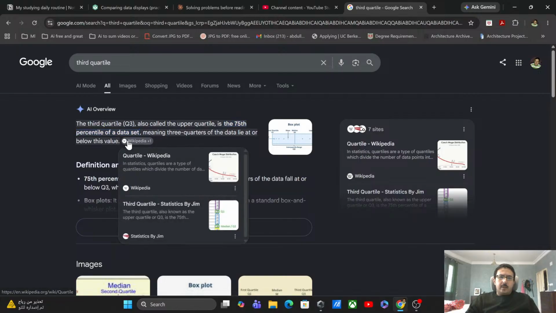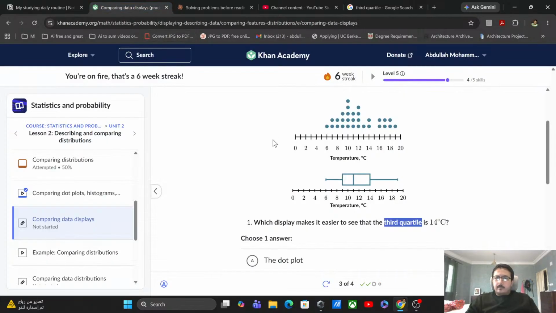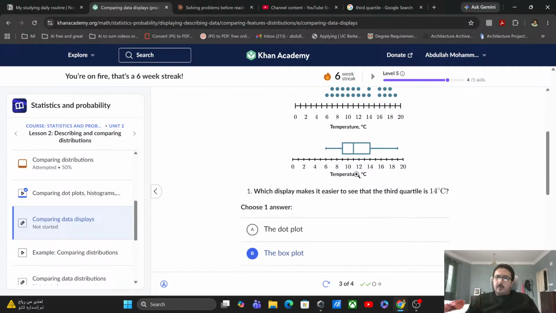So 75 percent of the data is below this value. I would go with the box plot. To be honest, I would go with the box plot because of this whole thing.